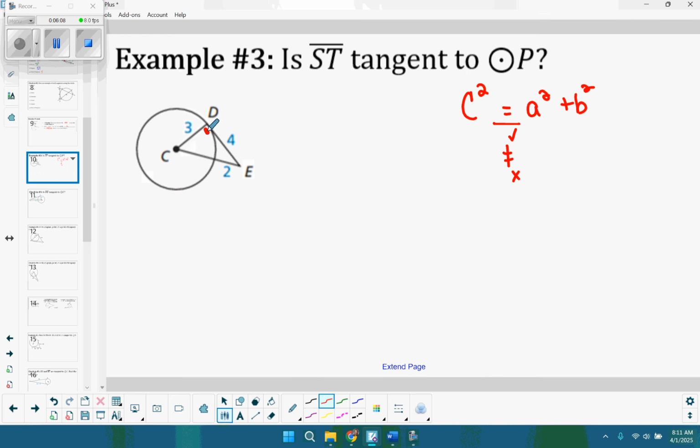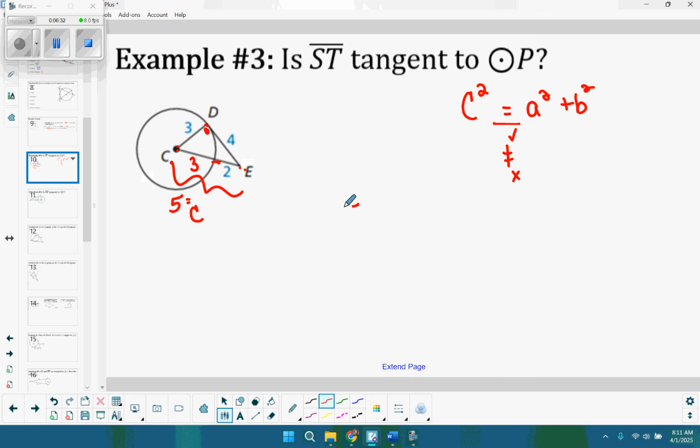So the side across from where the right angle would be is my c value, but this 2 only belonged outside. So I need to know how long all of CE is. Since CD was a radius and that was 3, C to this spot would also be a radius, so that's also 3, telling me this whole side is 3 plus 2, or 5.